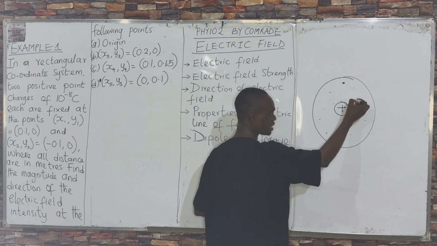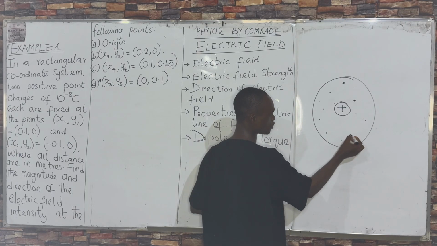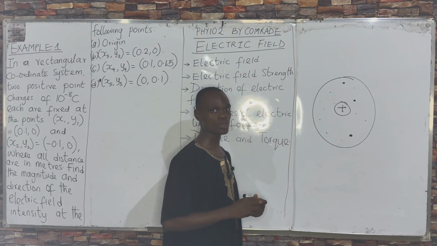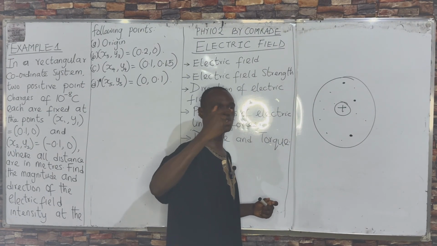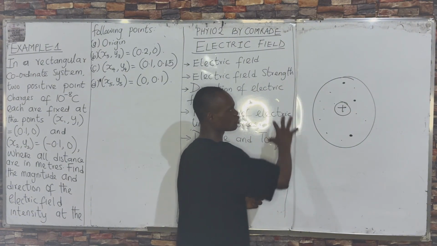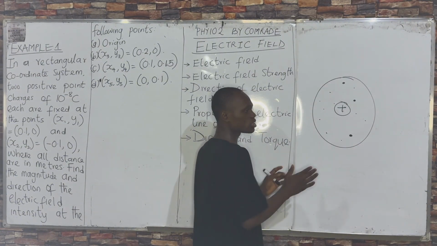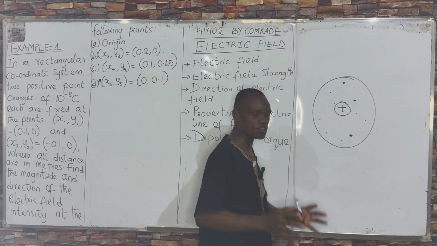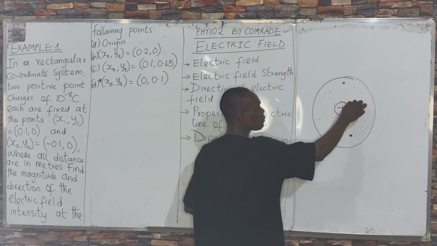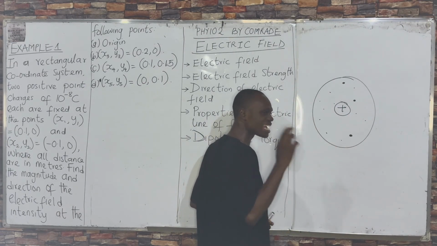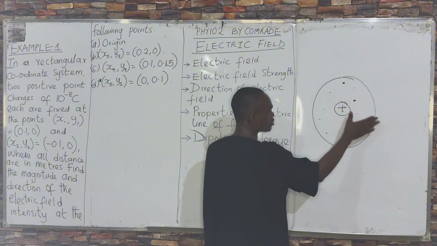It is only when the field is uniform that the strength is the same. But in a non-uniform field, the different points in the field possess different electric strength.